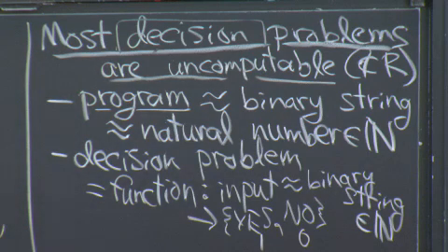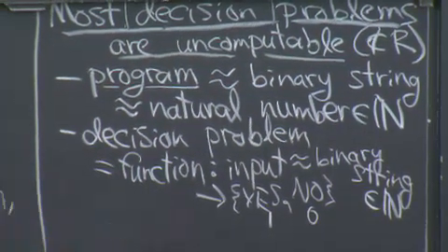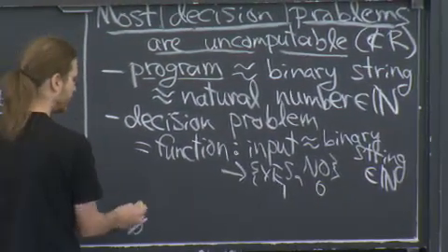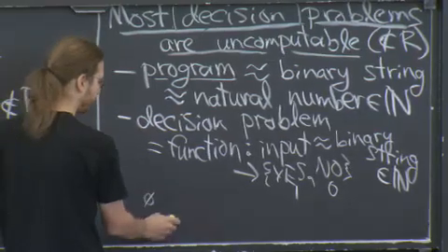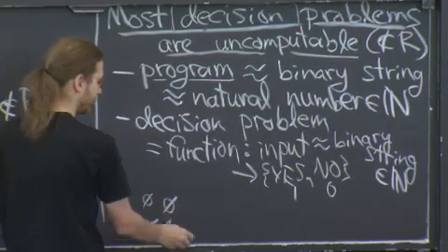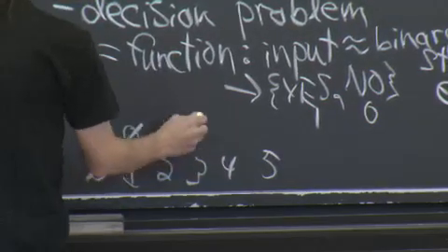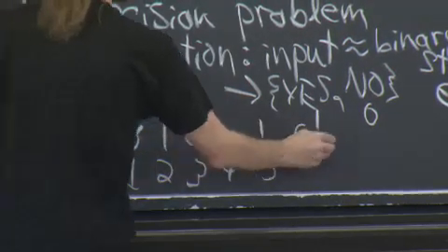Another way to represent one of these functions is as a table, right? I could just write down all the answers. The input could be the number 0, and then maybe the output is 0. The input could be 1, and then maybe the output is 0. Then the input could be 2, 3, 4, 5, with outputs 1, 0, 1, 1, whatever.